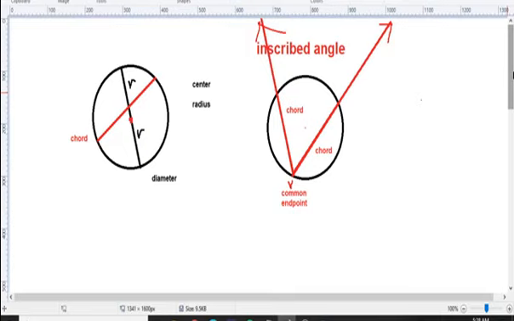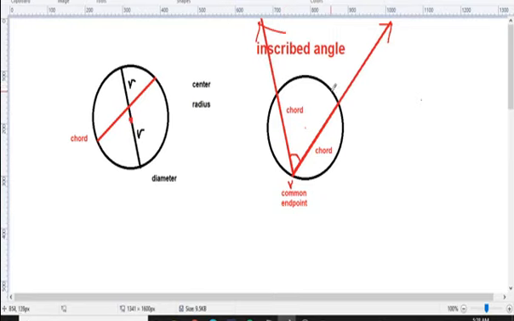Okay, so the thing about an inscribed angle is that the measure of the inscribed angle is one half the measure of its intercepted arc. What is an intercepted arc? It is an arc whose endpoints... I'll just show it.